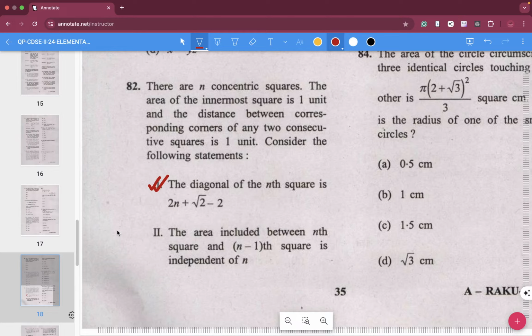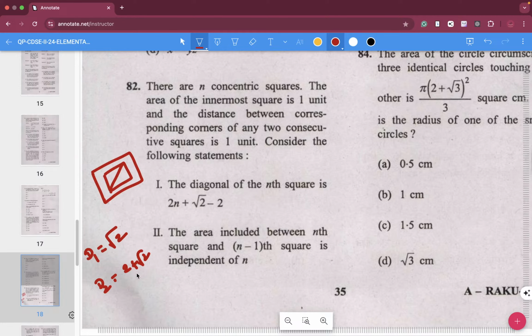Now the next one is that the area included between the nth square and the n minus 1 square is independent of n, is what they are saying. Now one thing we knew over here is that d1, diagonal 1, is equal to root 2, and the length of diagonal 2 is 2 plus root 2.